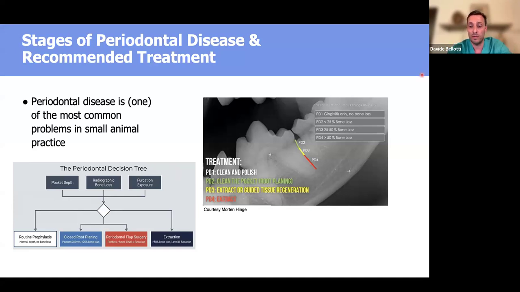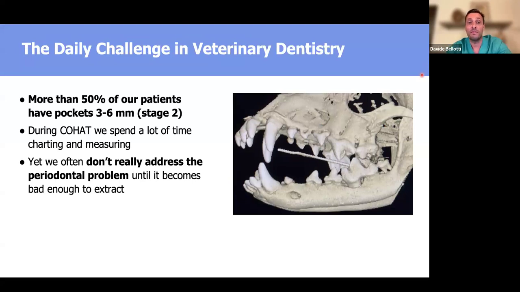So what we know is that more than 50% of our patients have pockets between 3 and 6 millimeters, so stage 2 periodontal disease. During our dental procedure, we measure, we do x-rays, we chart, we do a lot of things, but at the end, do we really address those patients with stage 2 periodontal disease?